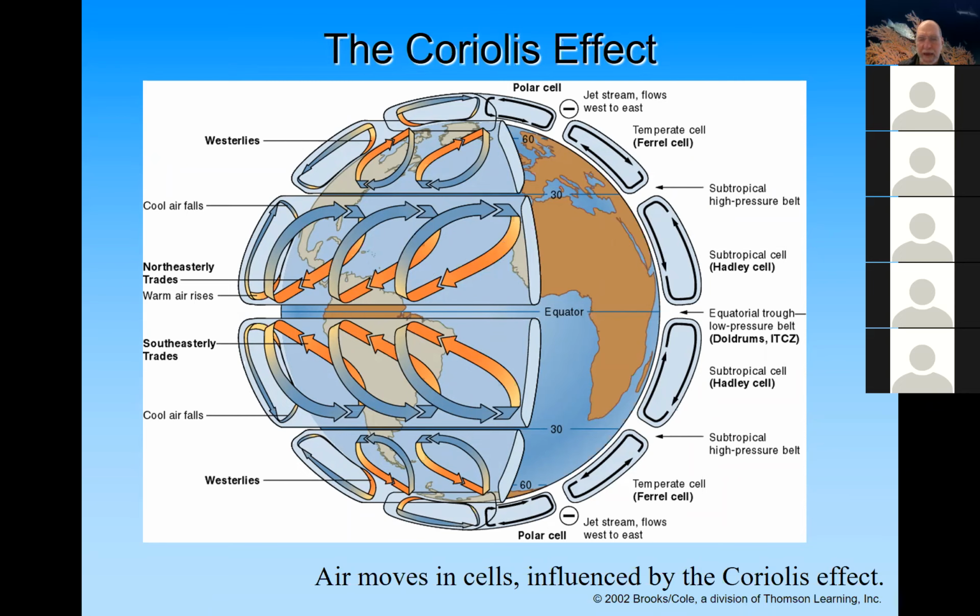A lot more about that in today's lecture. But in the polar cells, the major impetus is not rising air due to warming of the planet around the equator, but sinking air because of the cold conditions that prevail in the high latitudes.